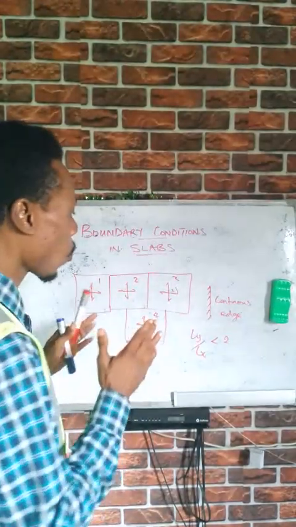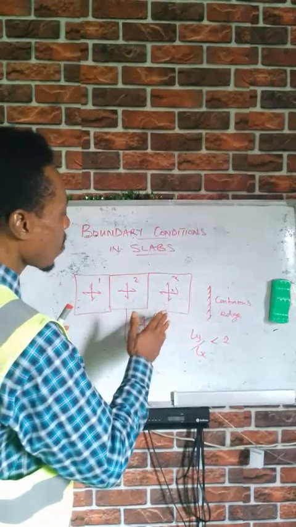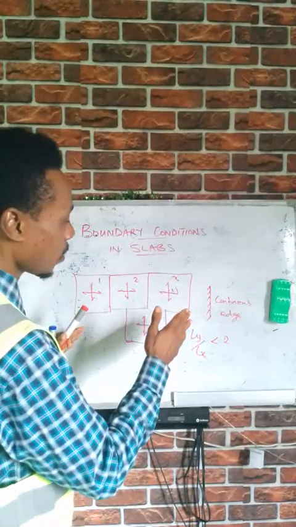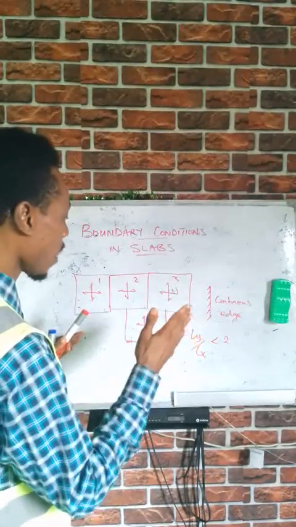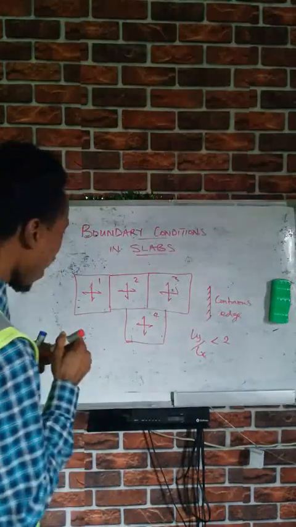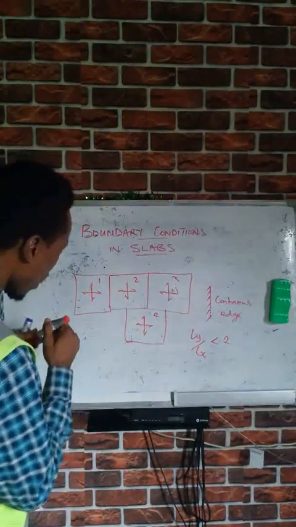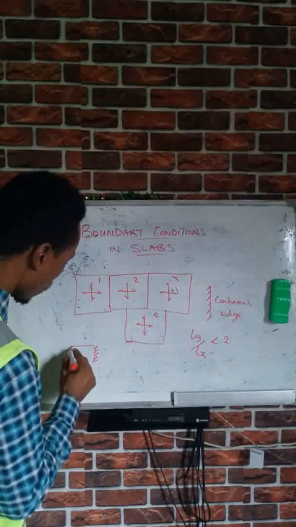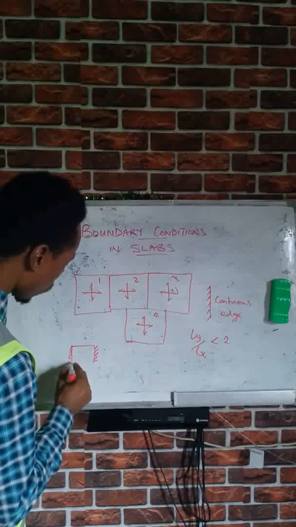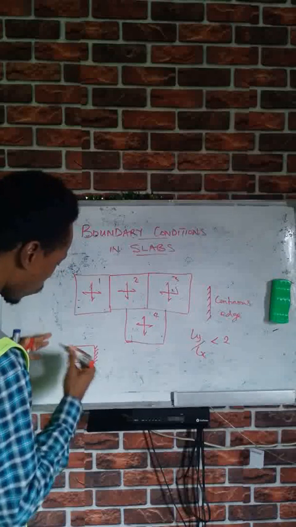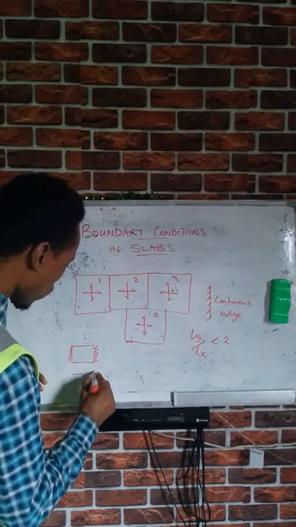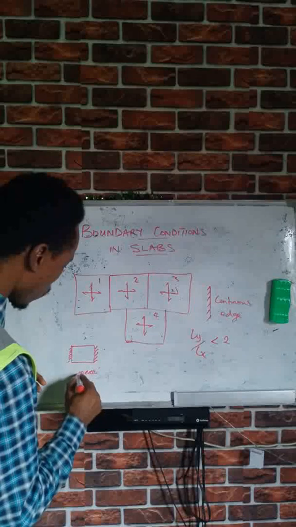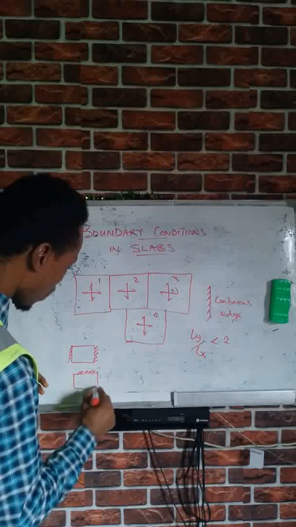In your coefficient table, we have different boundaries in terms of their continuous edges. We have a situation where we have free ends. We have continuous edges at both ends. There are some cases we have in this form, where we have a free edge.